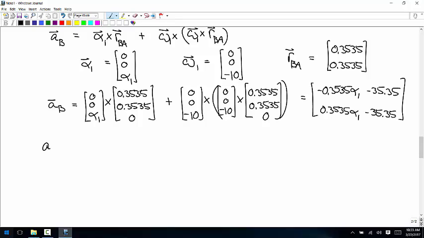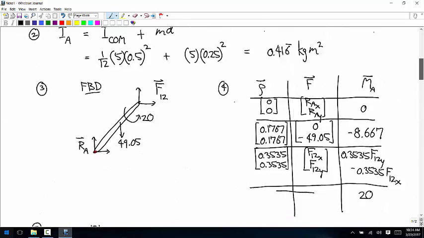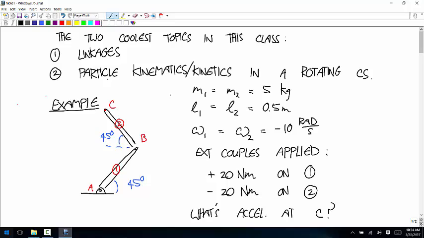And now the acceleration of B according to member 2. Okay, so there's no fixed point on member 2, so there's no true circular motion of this point B according to member 2.